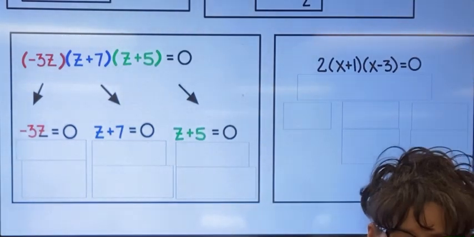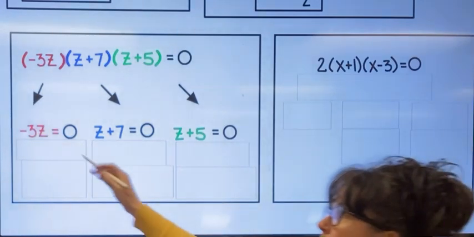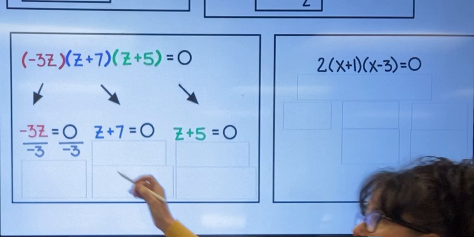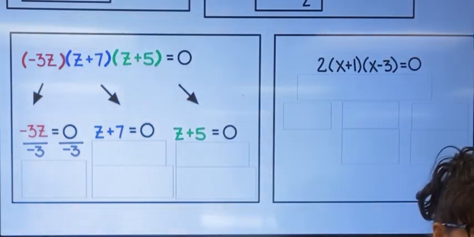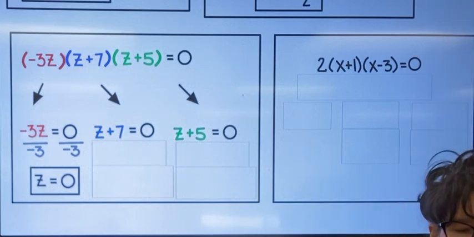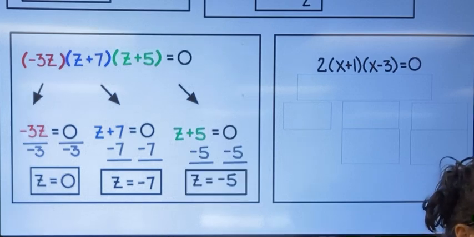And so this first one, -3z equals 0, if I want to get rid of multiply by -3, I'm going to divide by -3. So dividing both sides by -3, 0 divided by anything is 0. Okay, to solve that one, subtract 7 from both sides, and I find -7. Subtract 5 from both sides, and I get -5.